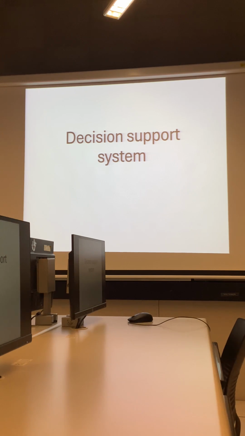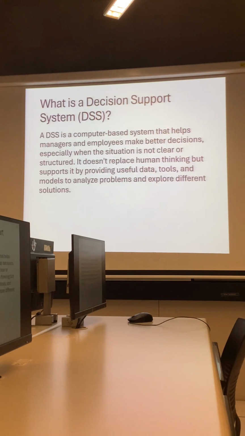This week we continue talking about decision support system. So I would like to review a bit what is DSS, or Decision Support System. It's very related with business intelligence, because when you are studying business intelligence, at the end you need to make a decision.